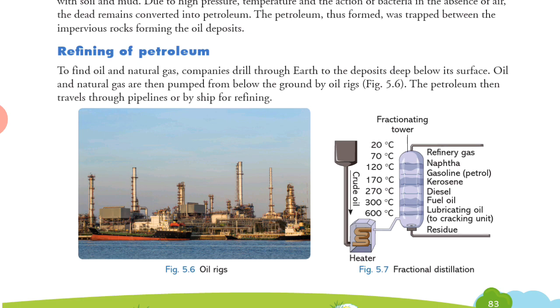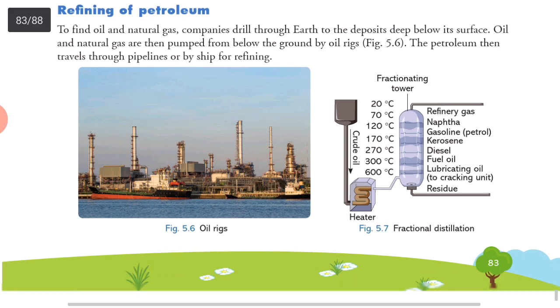Lubricant oil, fuel oil, diesel, kerosene, gasoline (petrol), naphtha, and refinery gas are separated at different temperatures. So they will be obtained and separated differently.